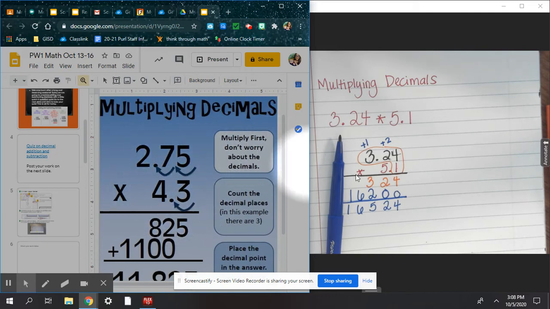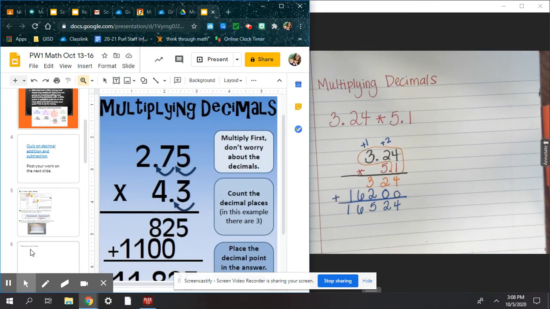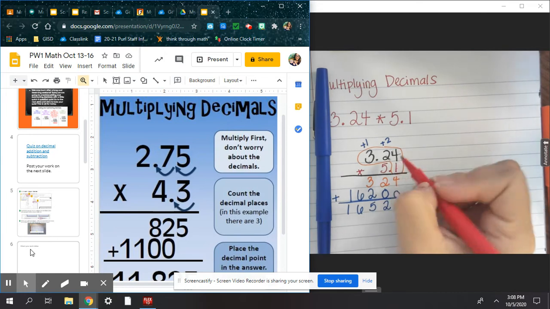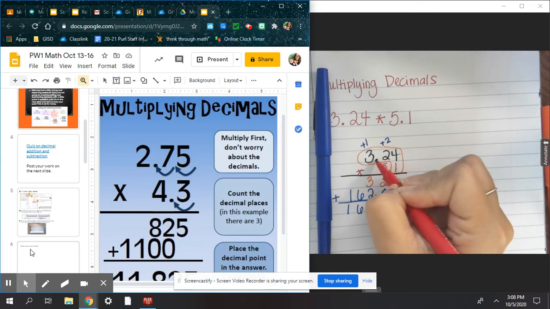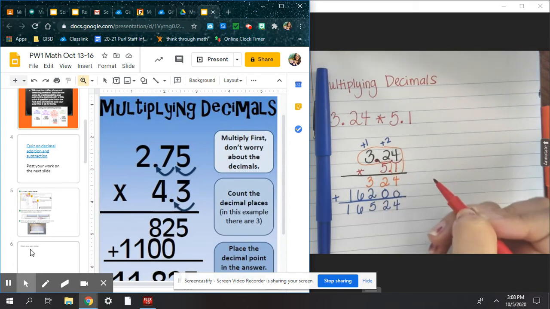Now, I'm going to look at my problem over here. I'm going to do the same thing. I'm going to count the decimal places. I'll use red. So here's my decimal here. So how many places are behind? 1, 2.